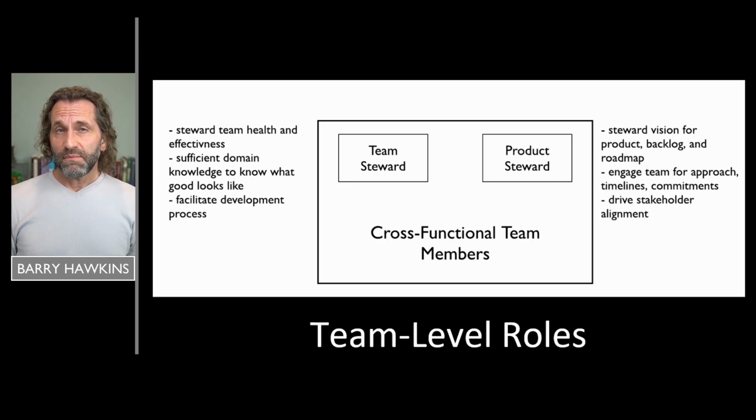No member of this team should ever be surprised by a roadmap or a timeline that the product steward provides to stakeholders, dependent teams, or our customers. Lastly, this role is crucial in driving stakeholder alignment.